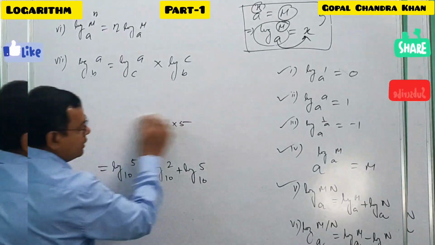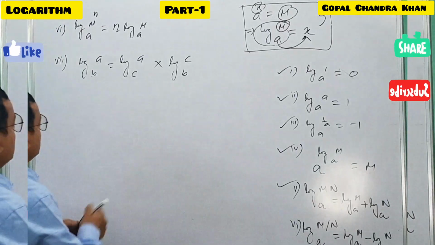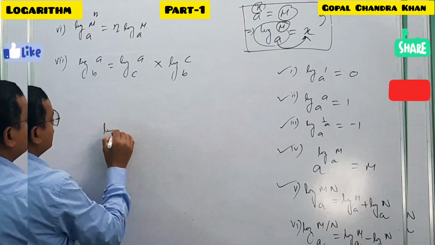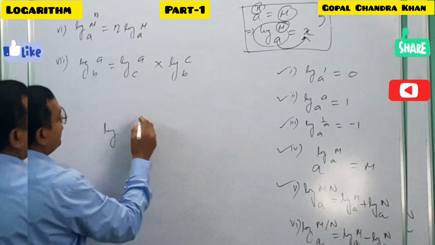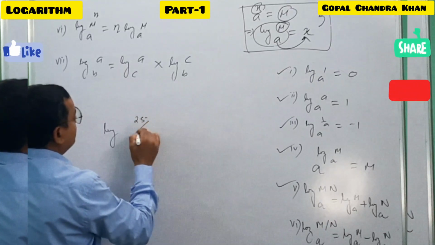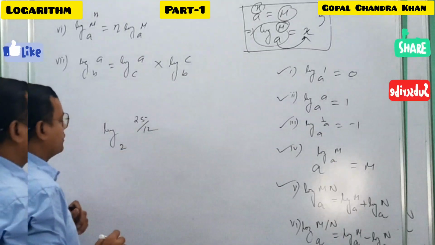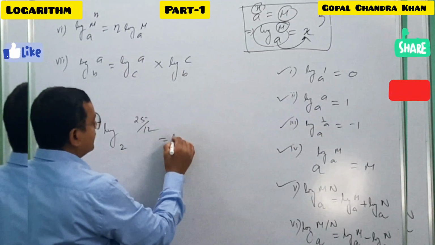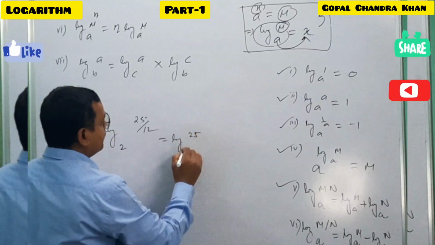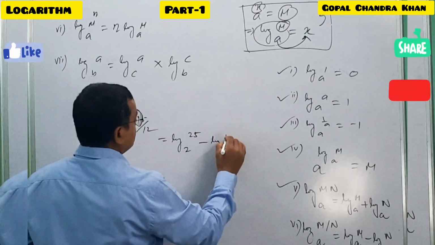Now let me show you number 6, this one. If you get, sometime, log, suppose you have 25 by 12 base 2, how can we do the calculation? We can do it like this: logarithm 25 base 2 minus logarithm 12 base 2.